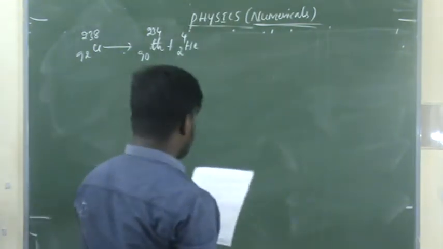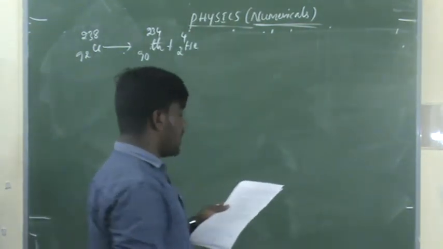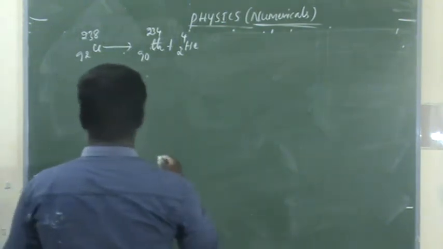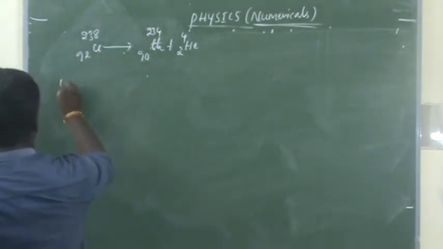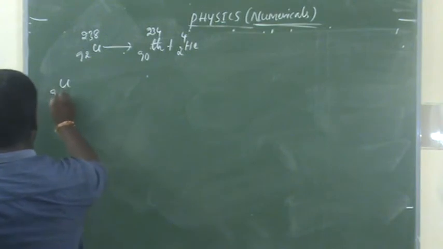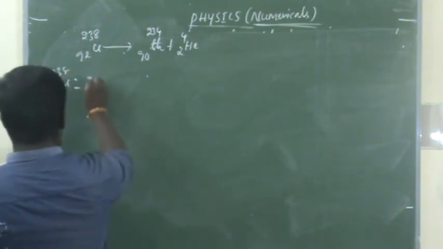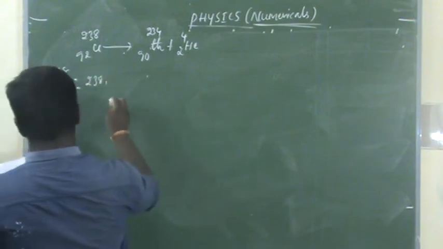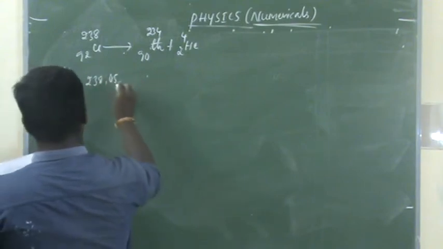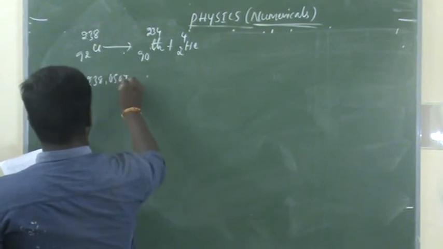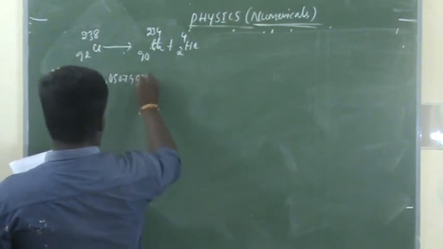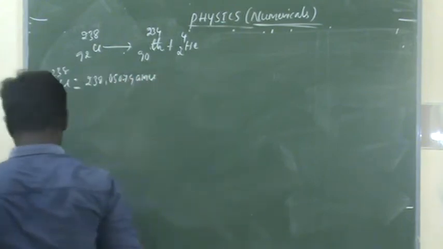Given atomic mass of uranium 92 238 is equals to 238.05079 atomic mass unit.